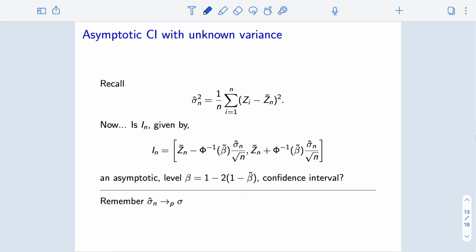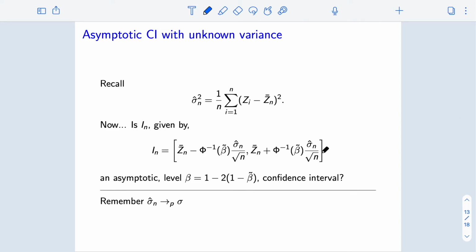Now, things get a little bit trickier. We're going to engage with the fact that we don't actually know sigma squared almost ever. So what do we do instead? Well, we can estimate sigma squared by the sample variance, and equivalently estimate sigma by the sample standard deviation, the square root of the sample variance. Now we might think, what happens if instead of using sigma in our confidence interval, we just plug in that estimate, sigma hat n?